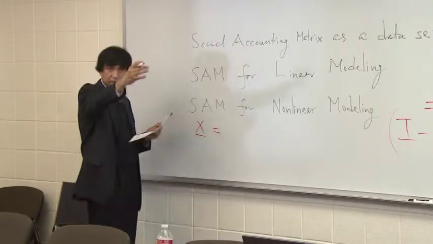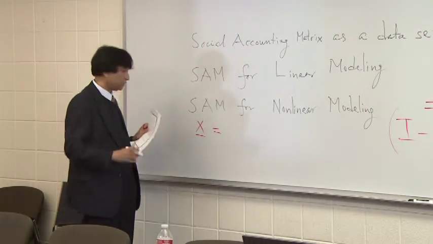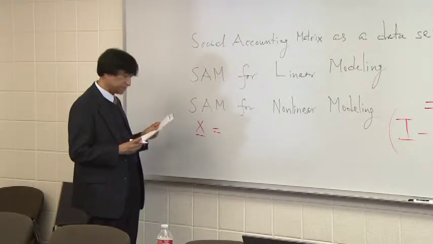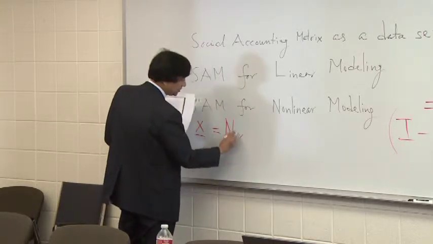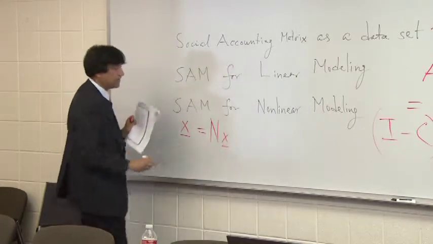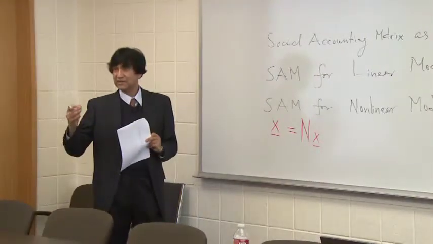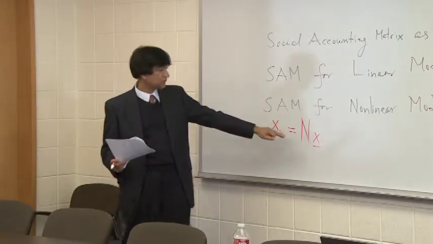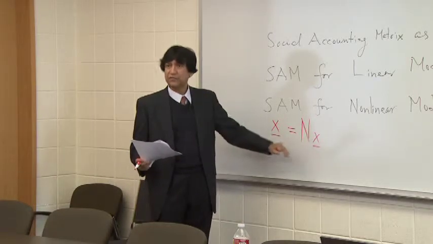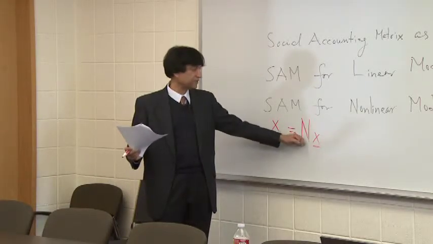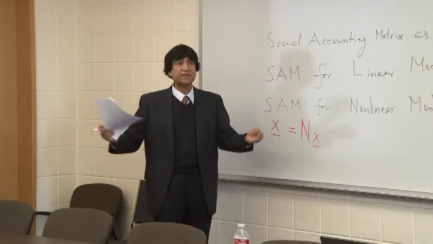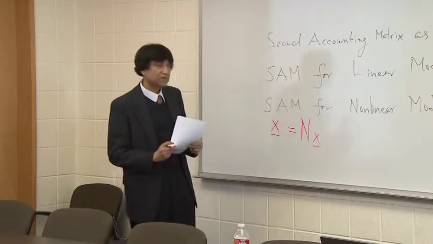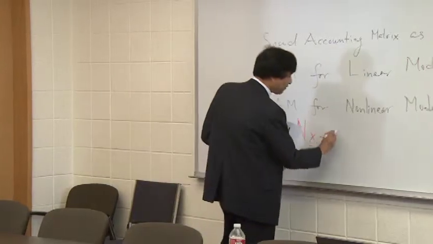That would correspond to the rows that we saw earlier for the Indonesian SAM, for example. And then to emphasize the nonlinear nature, we write n, which is not a matrix. A matrix is a linear transformation. So this is a nonlinear relation. You can think of the elements of this thing, if you think of it as a matrix, as being nonlinear functions of various sorts. So it's kind of complicated.